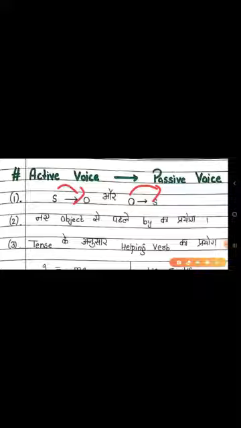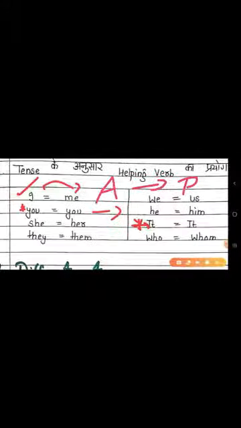The second rule is the new object: we use the word by before the new object, and we use a helping word according to the tense in passive voice.